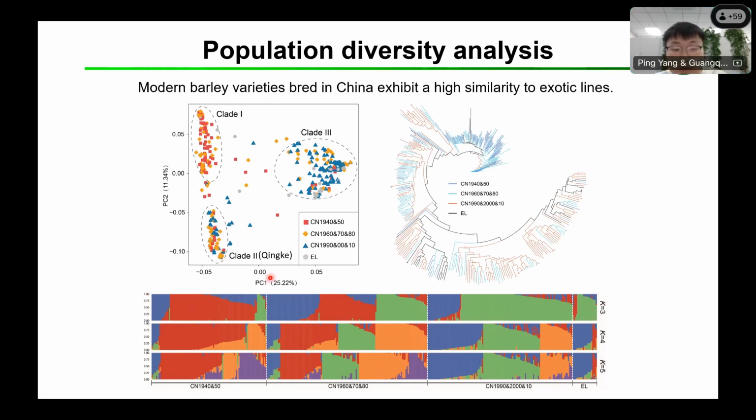As breeding progressed, the red component in Chinese early varieties was gradually discarded, and the green component gradually became the predominant component in Chinese barley varieties. So these results showed that modern barley varieties bred in China exhibit a high similarity to exotic lines.